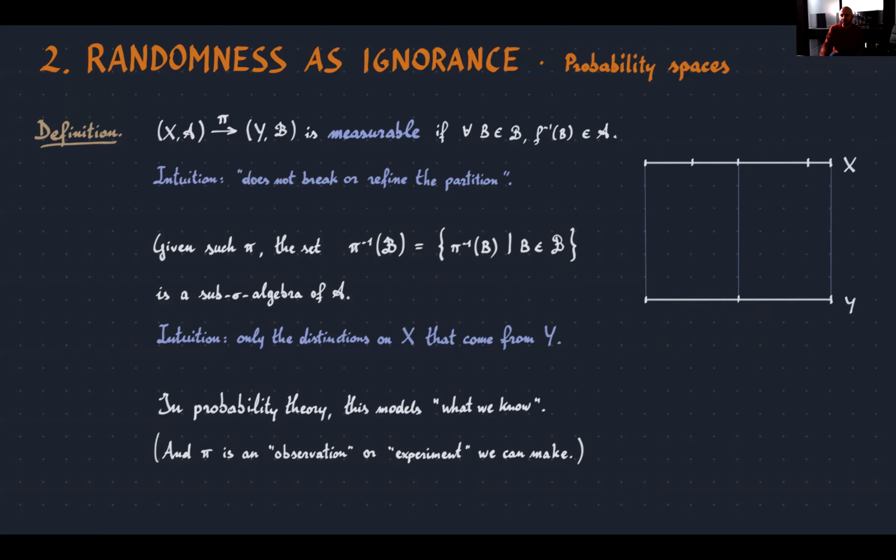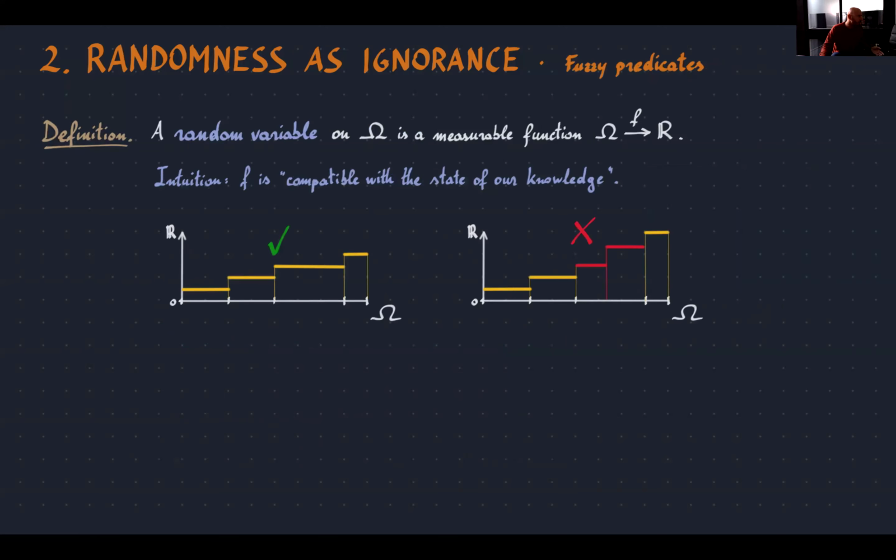All right, so a random variable is a measurable function, usually to the real numbers. The idea is that it's compatible with the state of our knowledge. So you see, it changes values only if we change cells, so to say. This one would not be legal. Now, of course, I'm drawing everything discrete because I have to be able to draw something. You have to imagine the sigma-algebra on R that you usually take is where all open sets are measurable. So continuous functions are measurable.